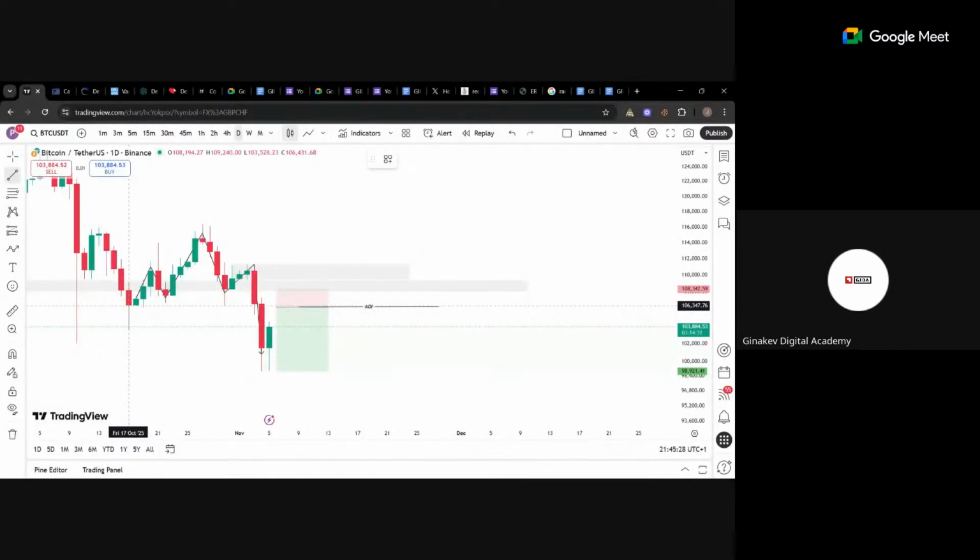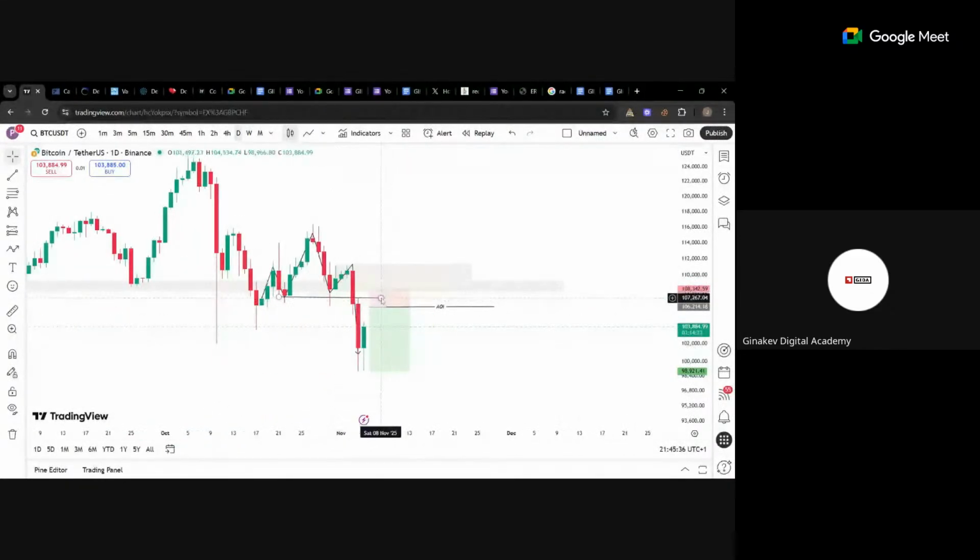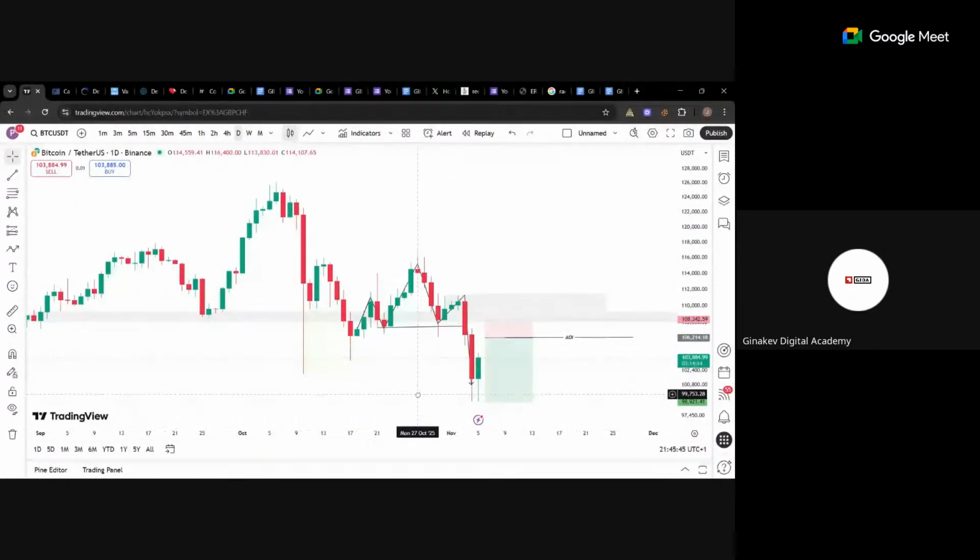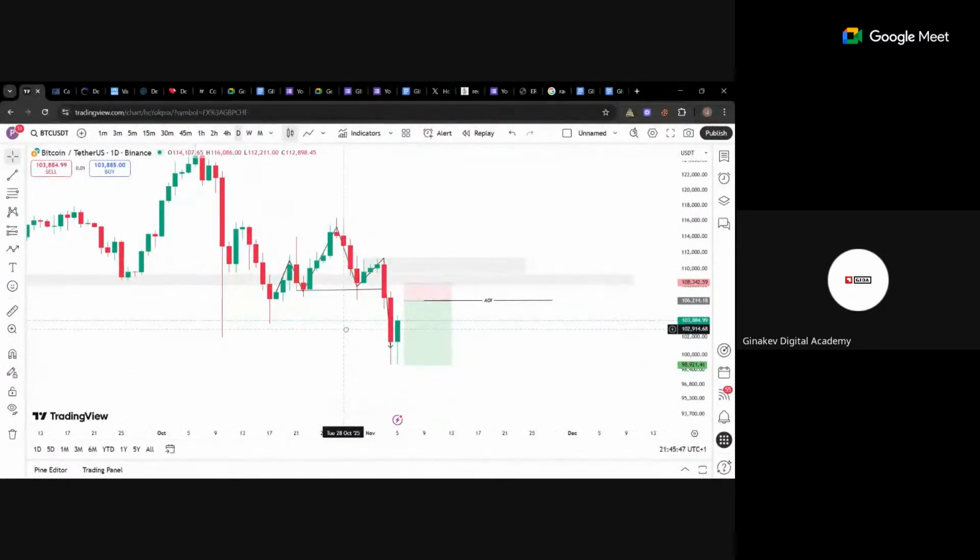And this is the break of structure, or rather the neckline. Sorry, this is the neckline, which is also your break of structure. Just because I was opportune to analyze this with you, I'm now seeing this head and shoulder pattern, which is called a reversal pattern.